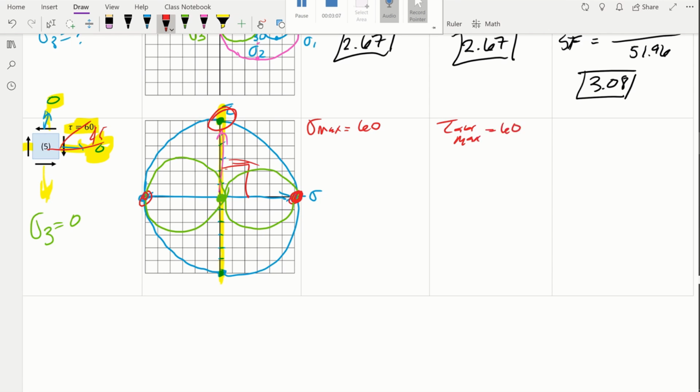So we can plug all of that into our equations. The safety factor for the max normal says that the sigma max, 60, cannot exceed, in this case, 160. So 160 divided by 60 gives us 2.67.